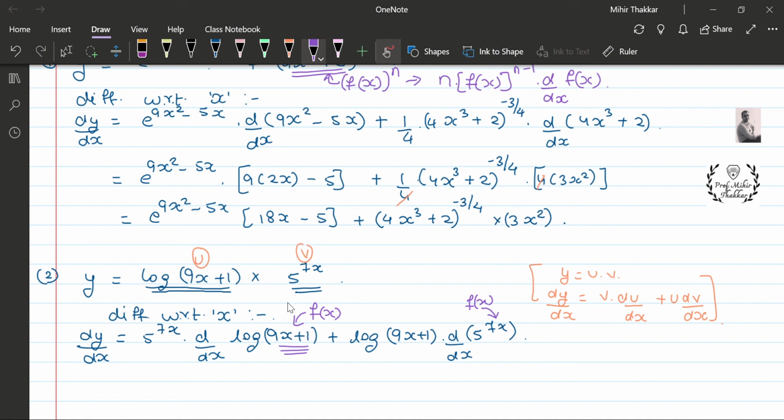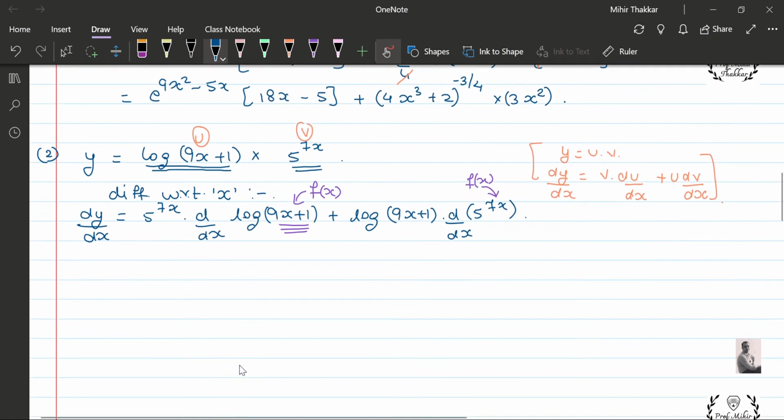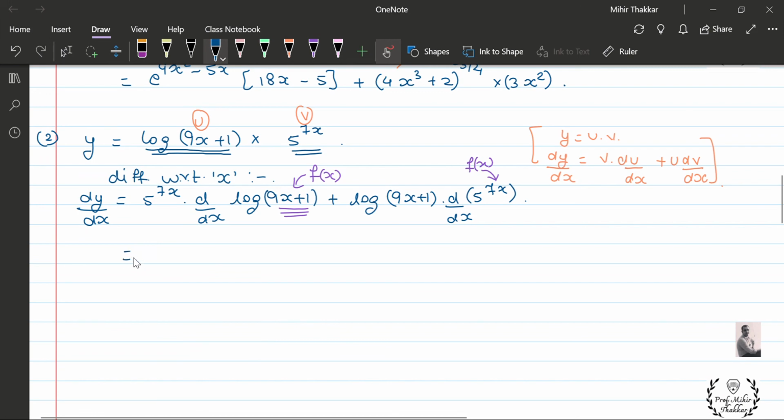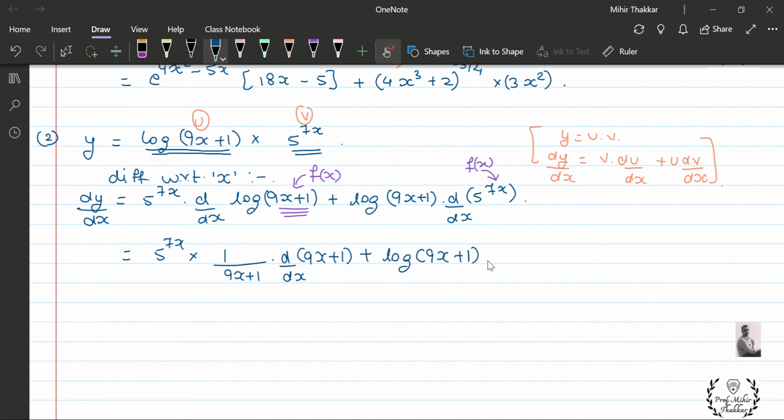So when I substitute my first formula, log of f(x), I can say 5 raised to 7x into 1 upon (9x plus 1) into the derivative of (9x plus 1), plus log of (9x plus 1) into 5 raised to 7x into log 5 into the derivative of 7x.